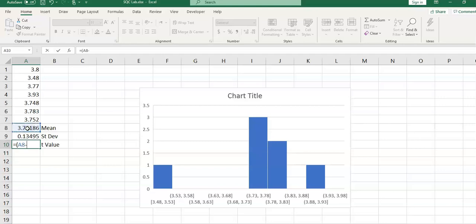Mean minus 3.7 close parentheses divided by standard deviation over square root of, SQRT, of 7. So this is my t value. Now I need to find the critical t and compare it to my t value here.